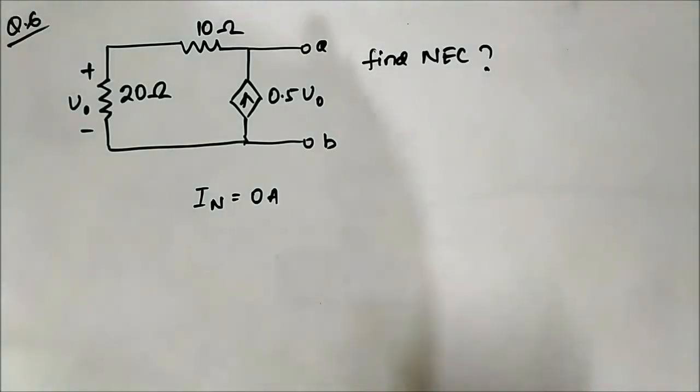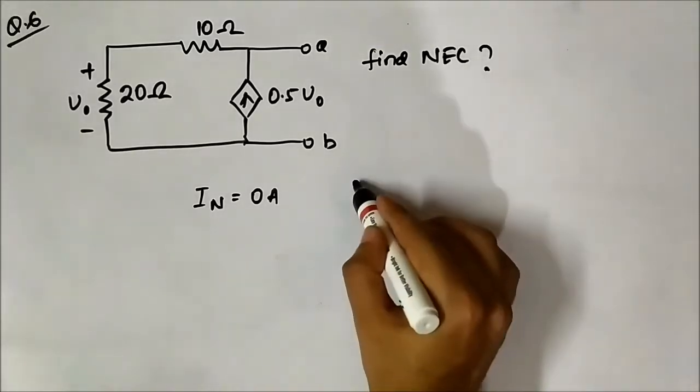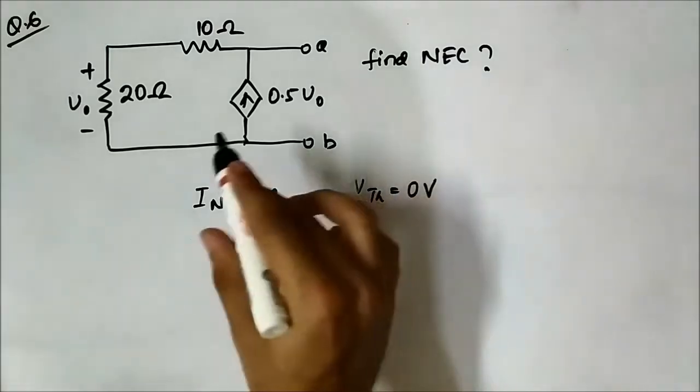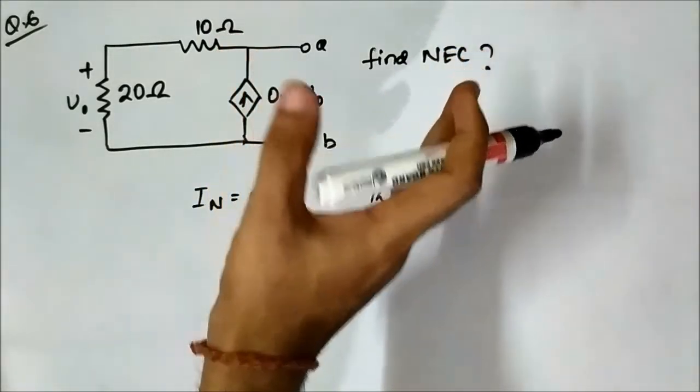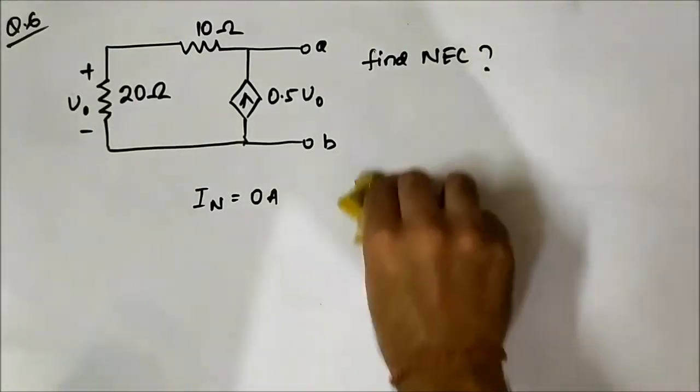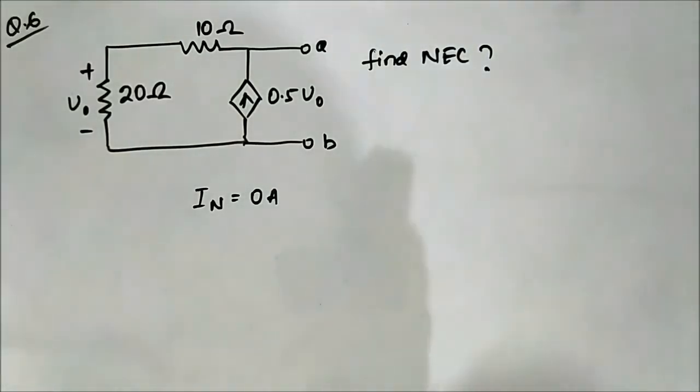If you remember, in Thevenin equivalent circuit determination also, we took some questions in which circuits contained no independent sources. In that case the Thevenin voltage was 0 volt. So here, as we are determining Norton circuit, Norton current will be 0 ampere. So IN is equal to 0 ampere.